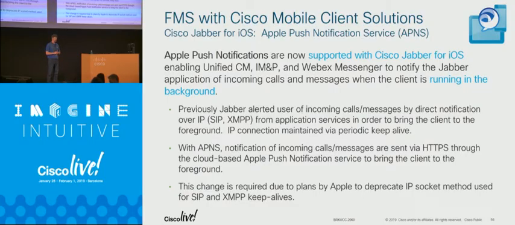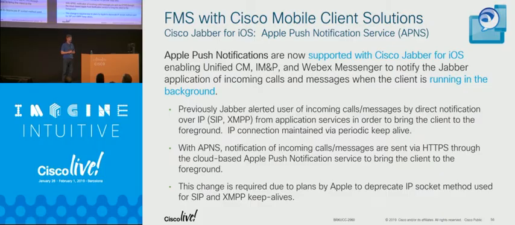Apple push notification is Apple's method on iOS devices for providing notifications to applications that may have been put into the background or shut down temporarily in order to save resources. It is supported with Cisco on iOS devices around Jabber, and is also supported with the WebEx Teams client on iOS devices.